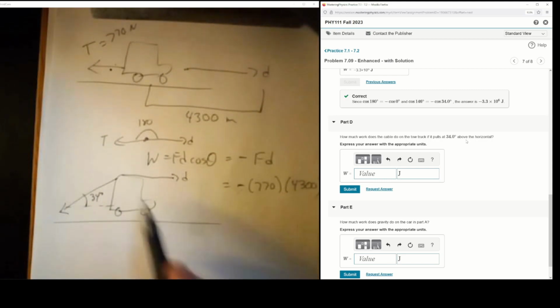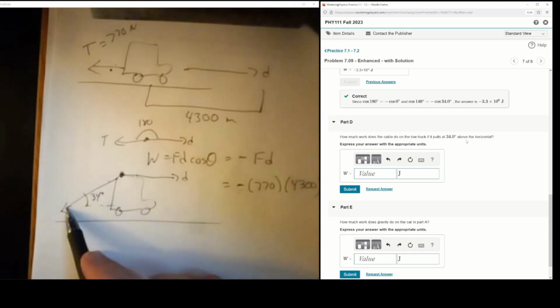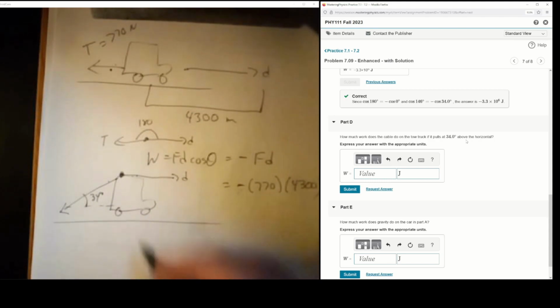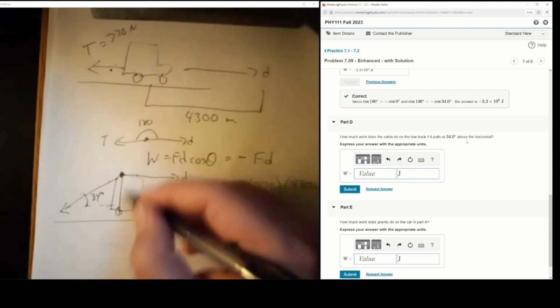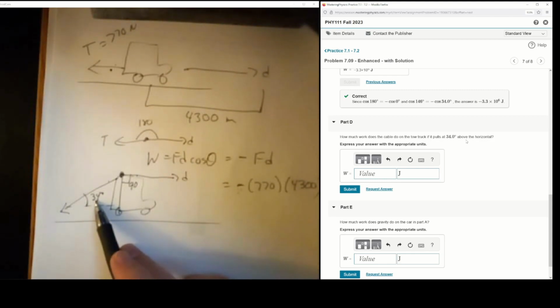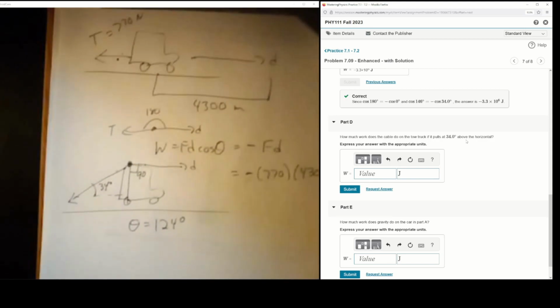So connecting these vectors tail to tail, which is what I just did here. I connected the tension down here, displacement here. They're connected tail to tail. This is 90 degrees plus this 34 means the angle between them is 124 degrees.